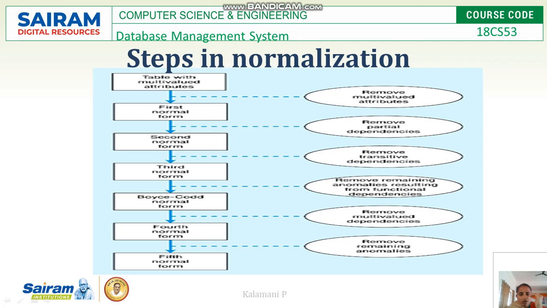Then we remove remaining anomalies resulting from functional dependencies, and it enters Boyce-Codd normal form, BCNF. Next, if any multi-value dependencies are there, they are removed and it enters fourth normal form. Then, if any joint dependencies and remaining anomalies are there, we remove them and the relation enters fifth normal form. These are the various steps of the normalization process.